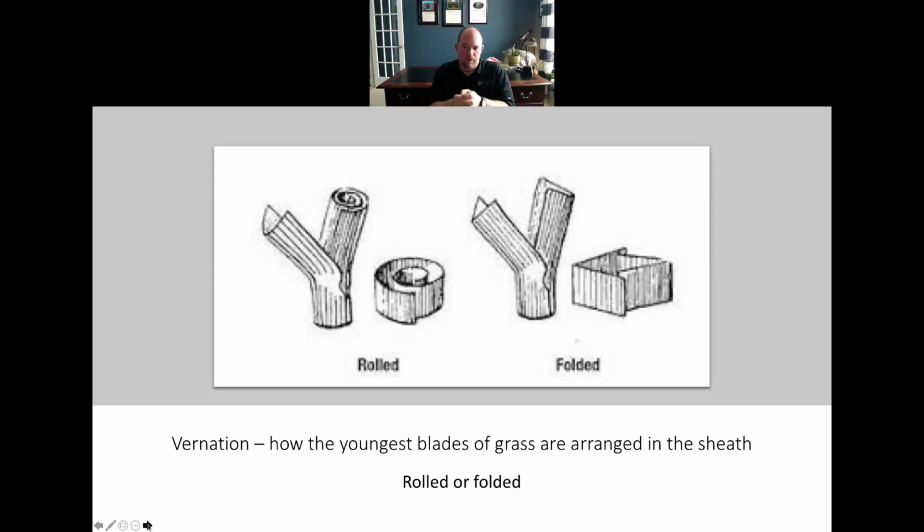They're either going to be folded or rolled inside of that stem. That's a very important identifying characteristic, especially in lawns in Northeast Ohio. It's probably one of the first things you can look at when you're trying to determine what type of grass is growing in the lawn.